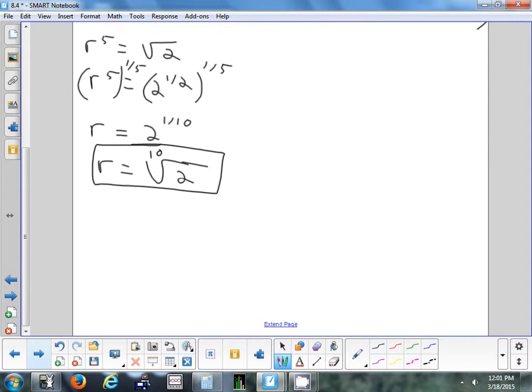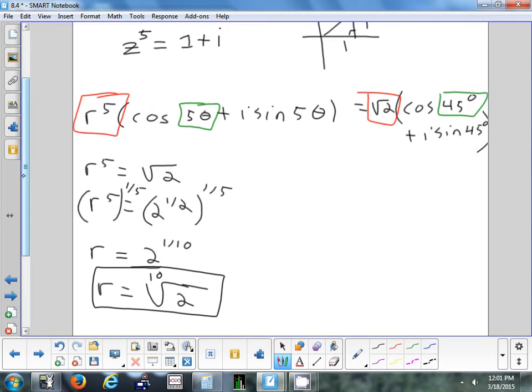So for all 5 of my answers, which I'm just going to write out the first one, they're all going to be the 10th root of 2. And my angle, it's 5 theta equals 45 plus 360k. Divide everything through by 5.